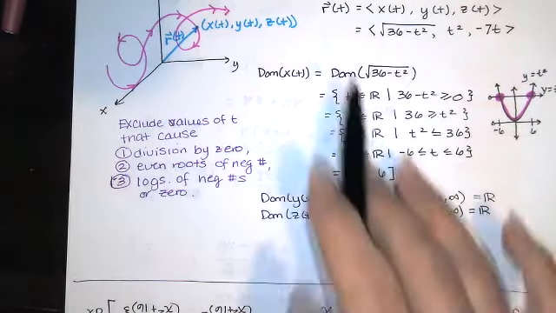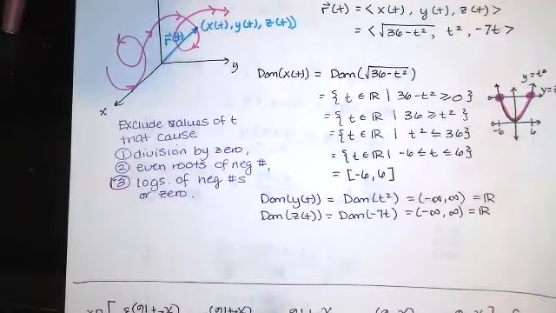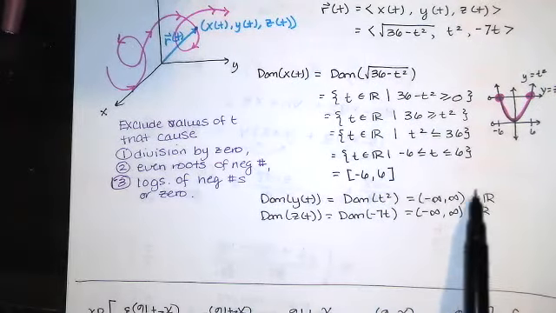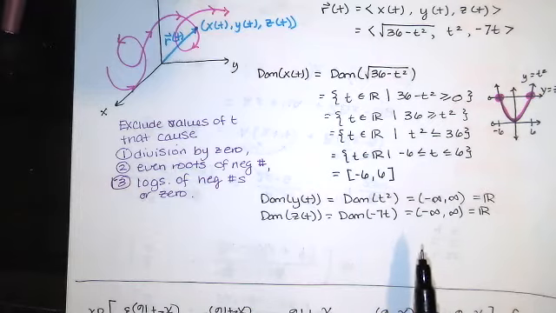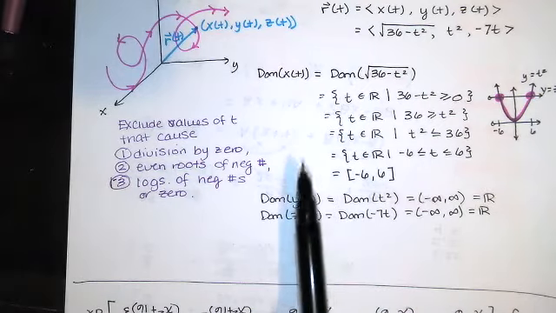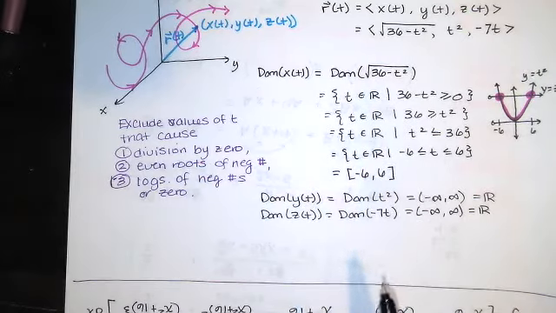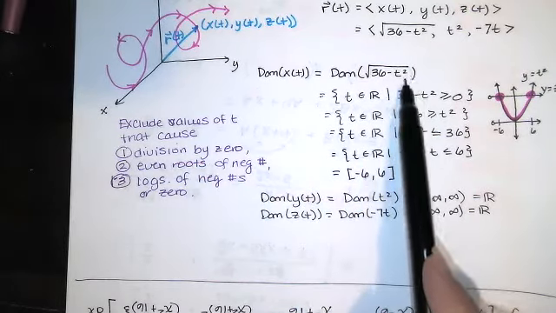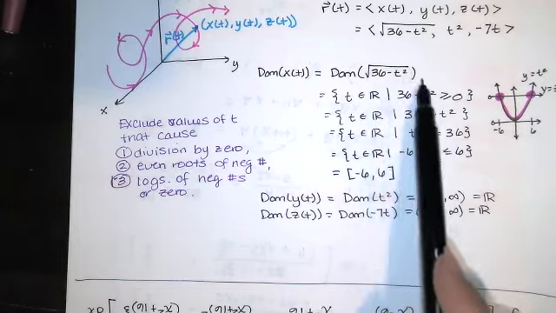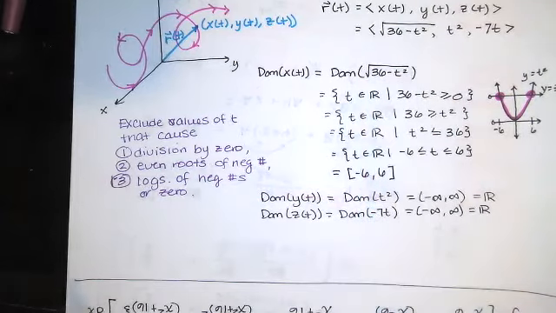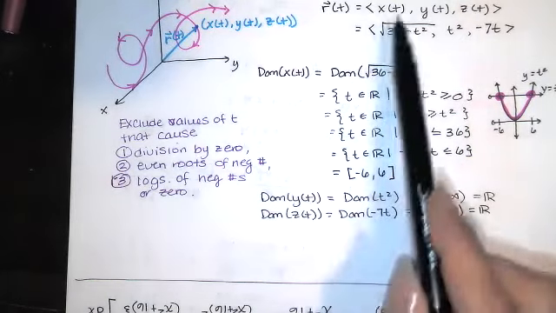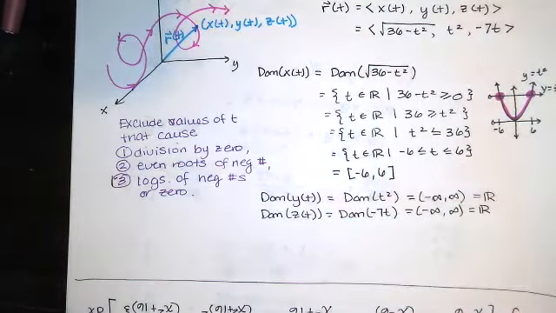Now, when we talk about the domain of r of t, we need t values that work for x, y, and z. So if t were, say, -7, I couldn't put it into this function. If I take -7 and square it, I get 49, and I have 36 minus 49. Well, it's a negative number, and I'm not allowed to take the square root of a negative number, not in the real number system, and we want all of these to be real numbers.